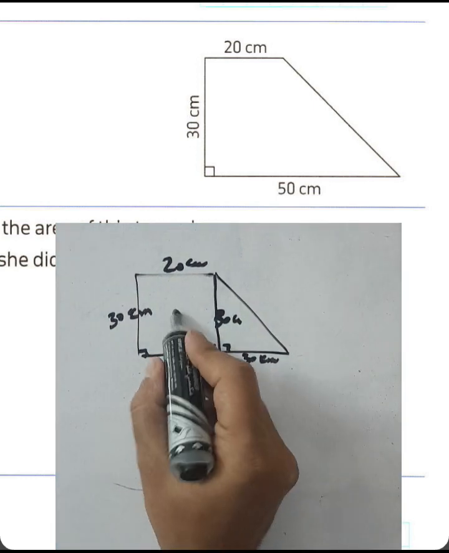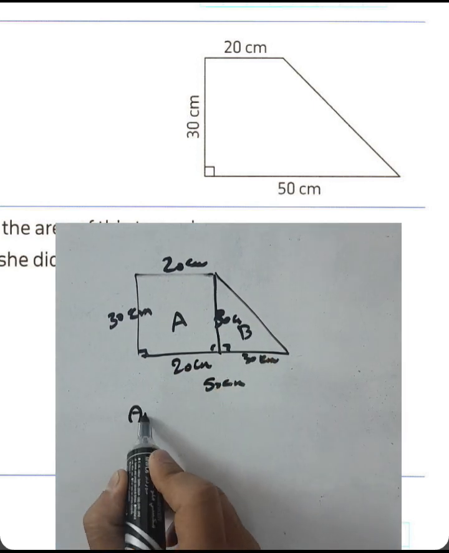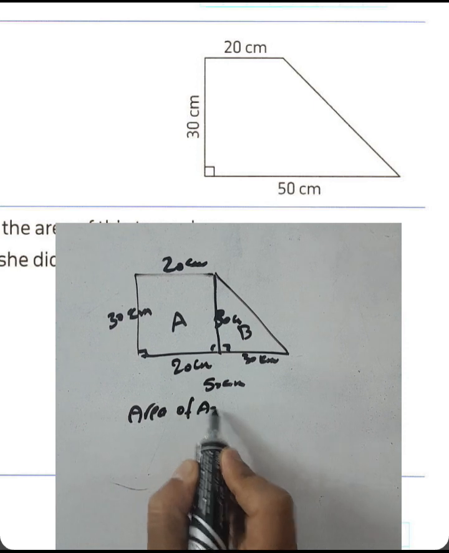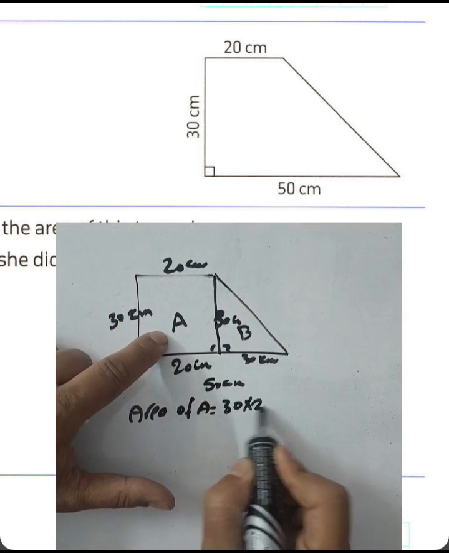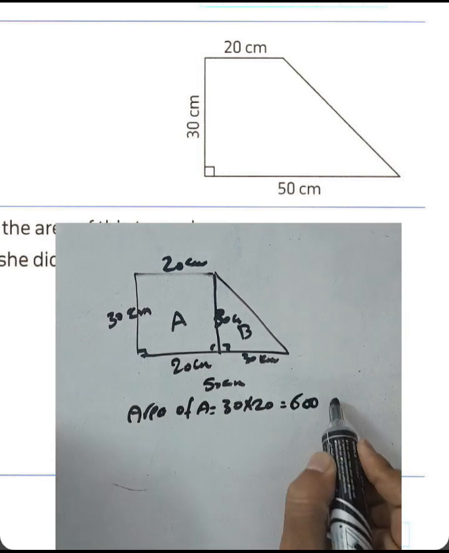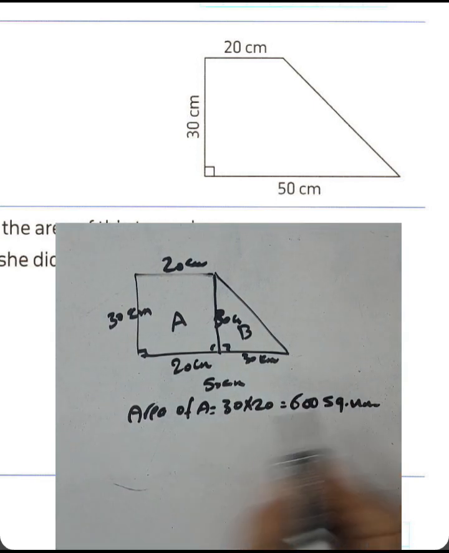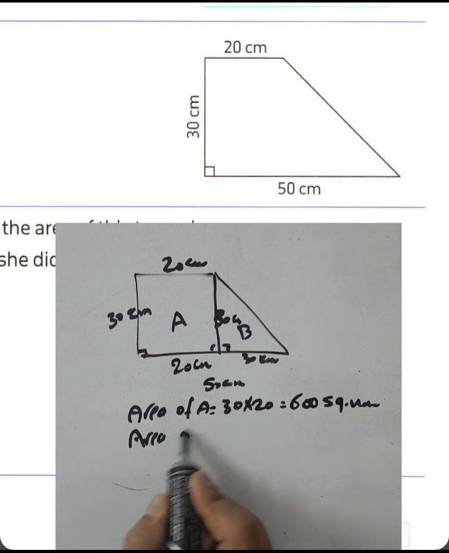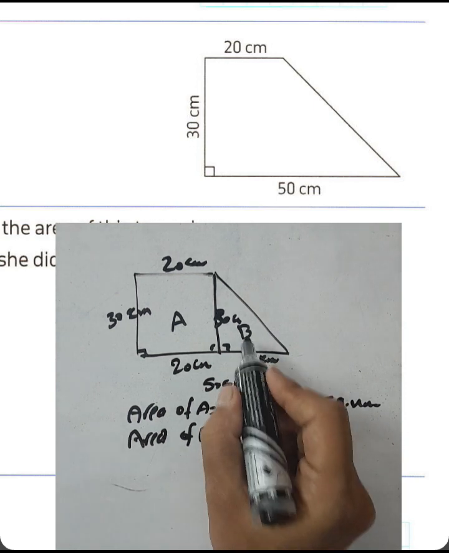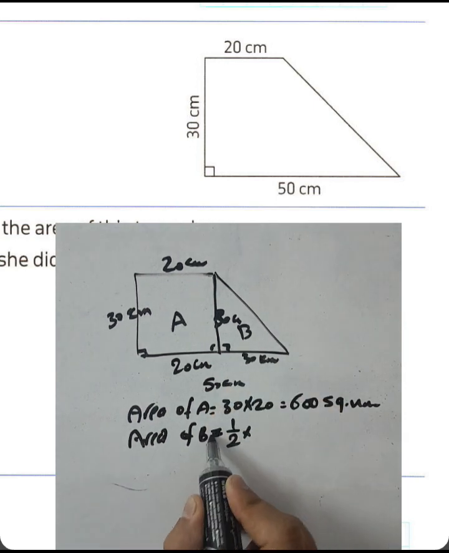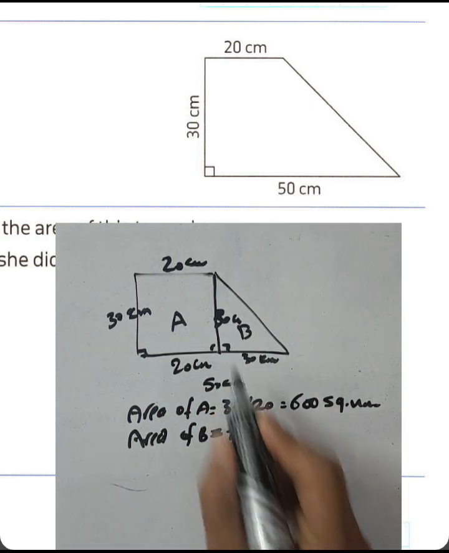Then I will put here A and B. I will find the area of A. This A refers to this rectangle, and its area will be 30 times 20 equals 600 square units, and the area of B refers to this triangle, and it will be half times the base times the height.